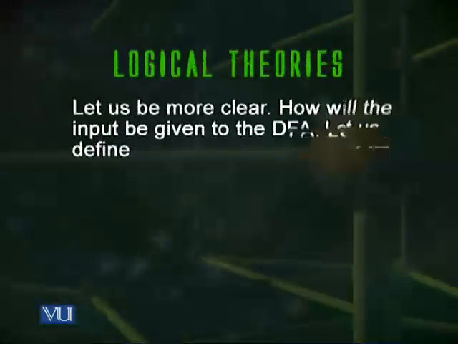However, we can come up with a different way of giving the input to a DFA. The idea is you want to give all these strings in parallel to the DFA, so you have to increase your alphabet size. Let's look at this more clearly.